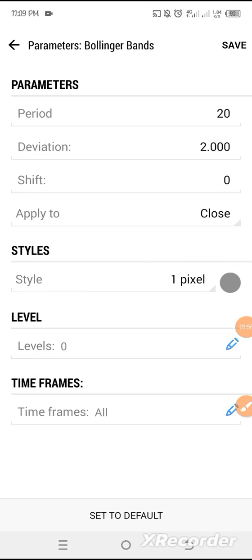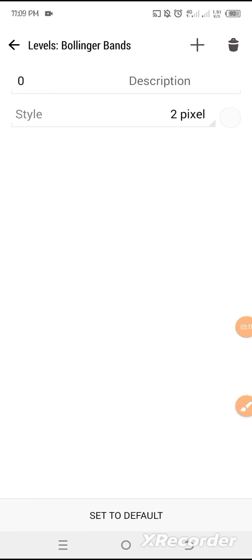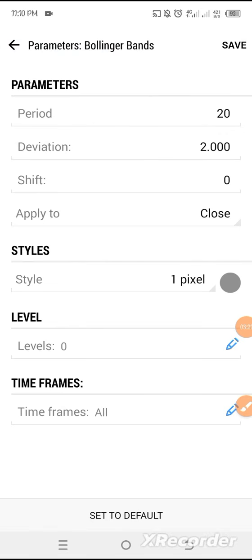The parameters for this Bollinger Band: period is 20, deviation is 2.00, shift is 0. You apply to close, any color of your choice, but let your level be at white. Then you click done.